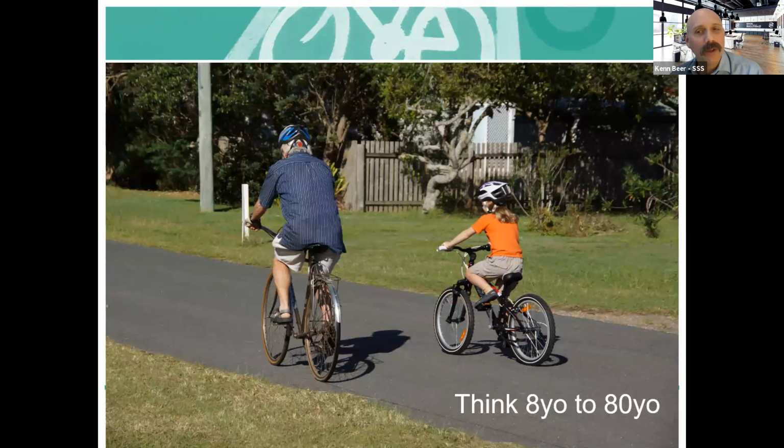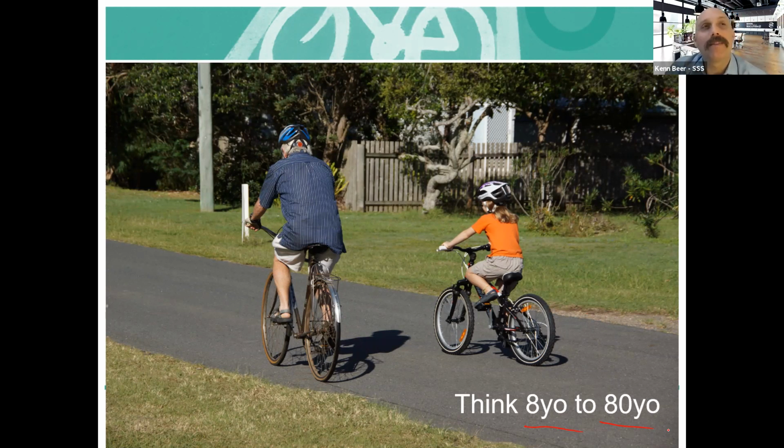But you also have to put yourself in the shoes of different riders. And we like to talk about the 8-year-old and the 80-year-old. The general idea is that if you can design cycle facilities that cater for the 8-year-old and the 80-year-old cyclist, you will cater for all those in between.